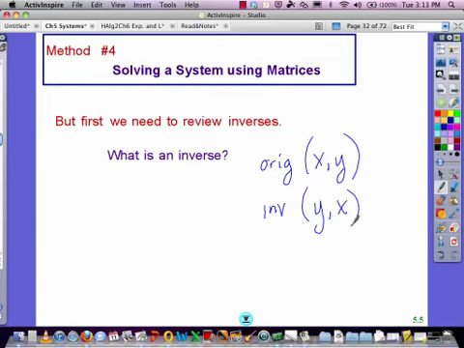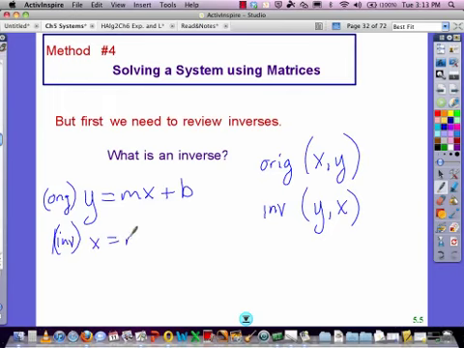We've also done inverses on equations. y = mx + b, our linear equation, slope-intercept form. If that's the original, to make it the inverse, again, we'd switch x and y. And to do that, we'd have x = my + b. But then we'd have to solve that for y.